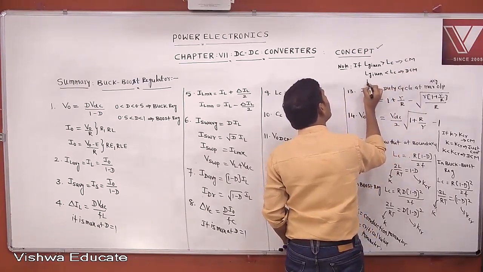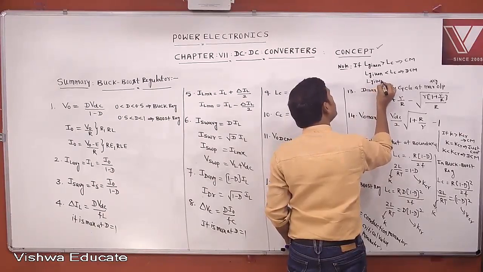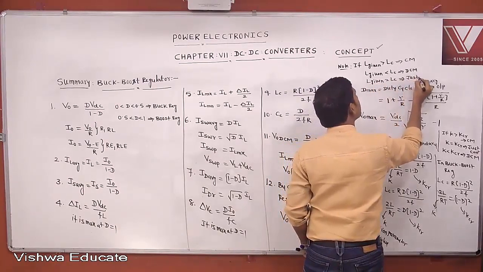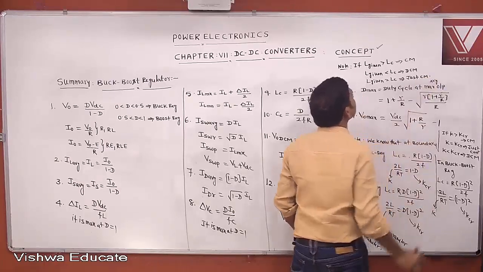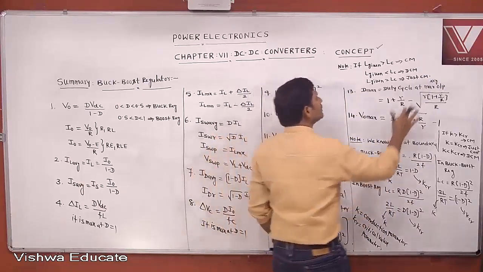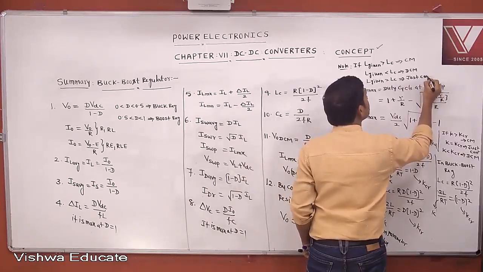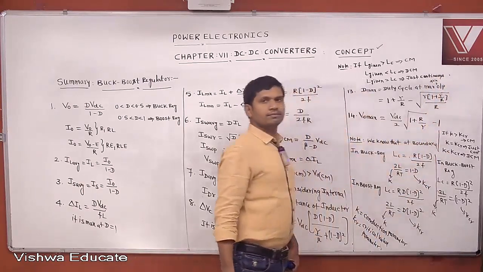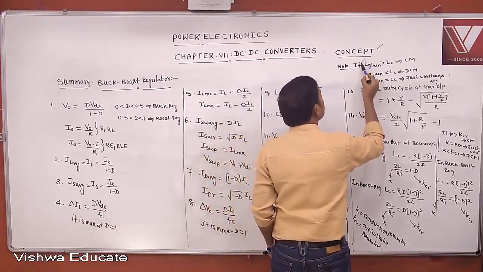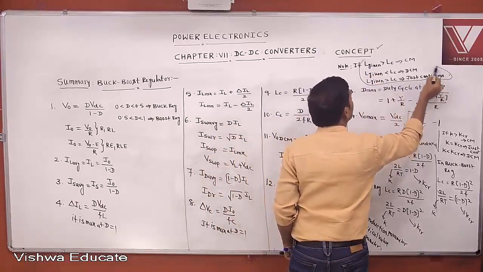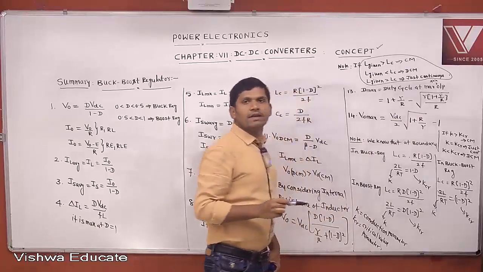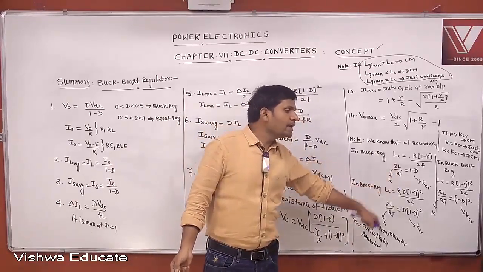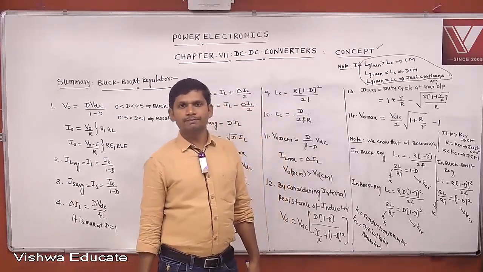If L given equals LC, then it is at the boundary, or just continuous. Like this we can analyze whether a given circuit is continuous or discontinuous, or by calculating these parameters also. Okay, now done.